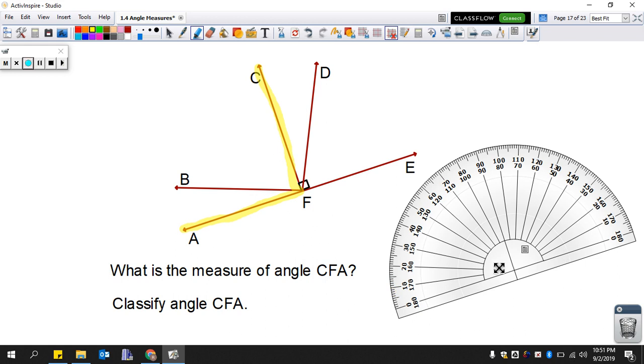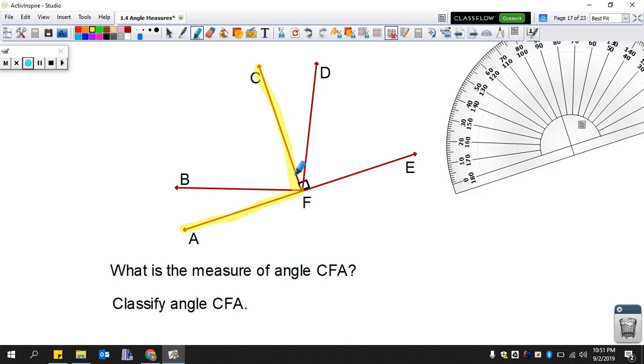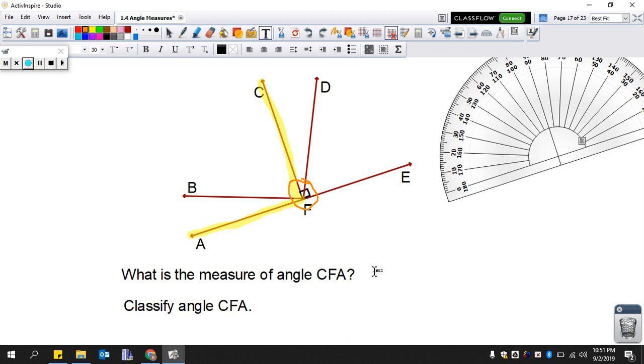And we notice that CFE right here is a 90 degree angle, and AFE is a straight line or a straight angle. So we know that CFA is 90 degrees.